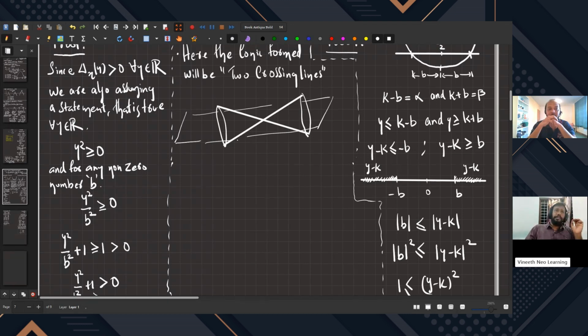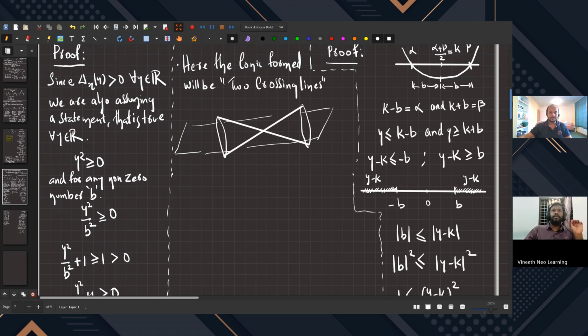This diagram is a 3D picture. If it's like an hourglass, cut it through the middle vertically, like this. Exactly. So that intersection of plane and cone will be two crossing lines. Yes, so that is the case here.